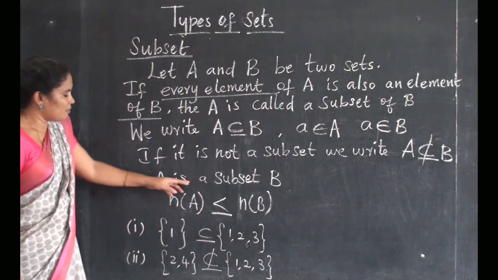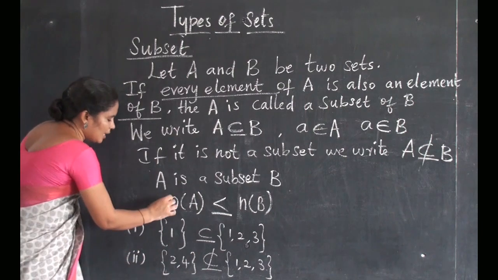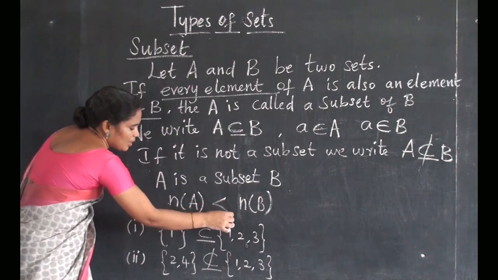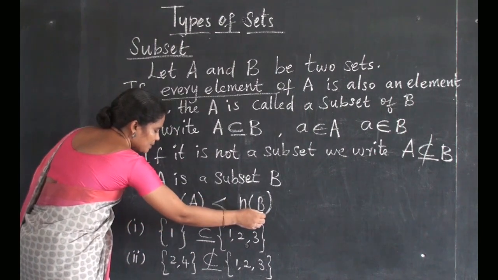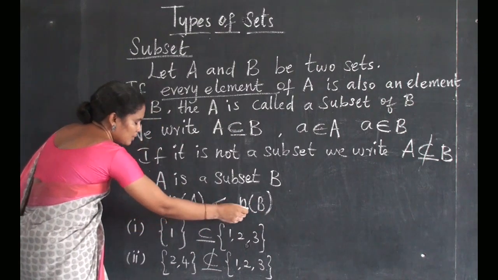A is a subset of B. The cardinality n(A) is less than or equal to n(B). It must be less than or equal to n(B).